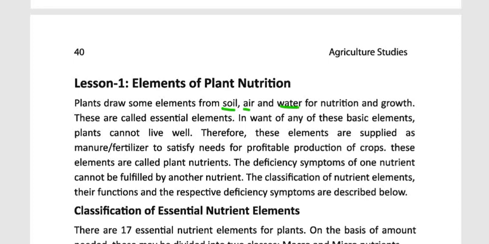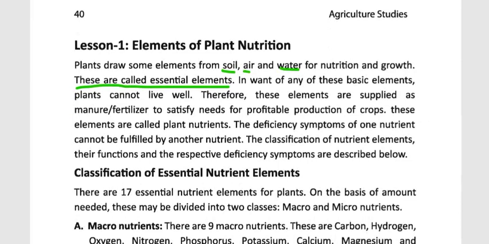The elements that are drawn by the plants for nutrition and growth from soil, air, and water are called essential elements. But whenever the plants become sick or they have lack of nutrition, we need to provide fertilizer or manure. We have to provide nutrition artificially through fertilizer.